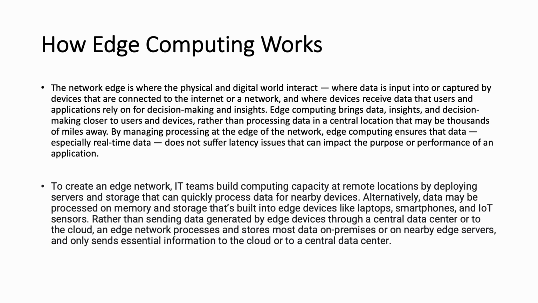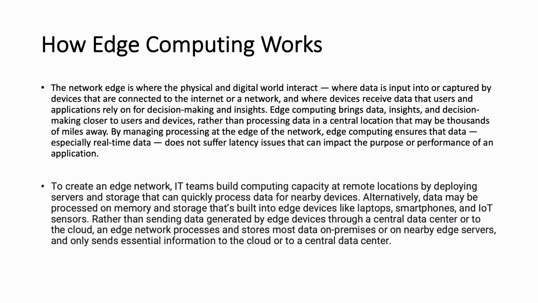So how does it work? We've already spoken about this. Edge computing brings data, insights, and decision making closer to the users and devices. To create an edge network, IT teams build computing capacity at remote locations by deploying servers and storage that can quickly process data for nearby devices.